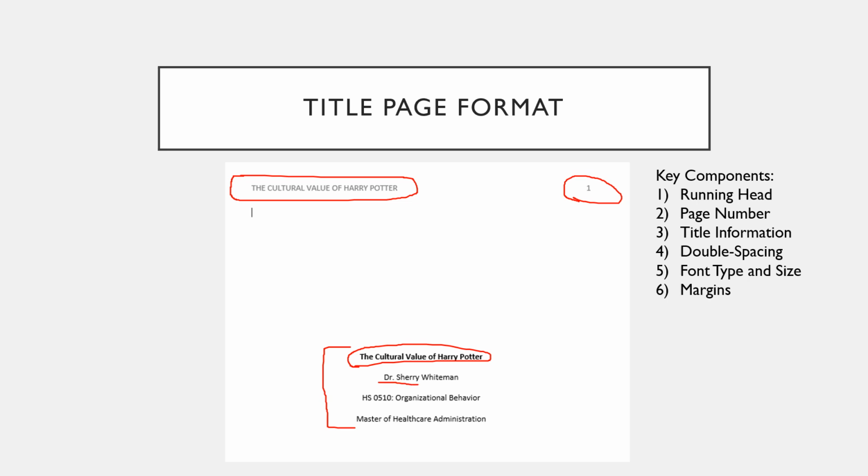We want to make sure we either use Times New Roman font or Calibri font is acceptable. Size 12, not 14, not 11. And make sure you check that because a lot of computers these days default to a size 11. Also, please make sure your font is all black.